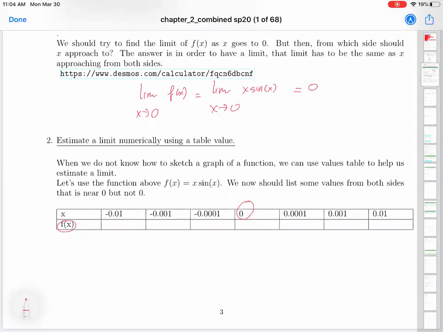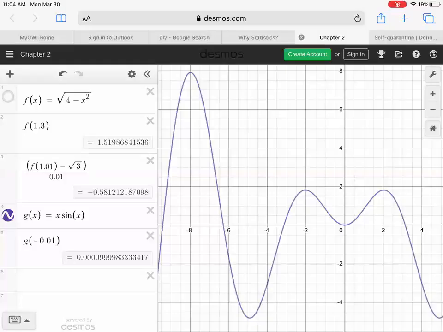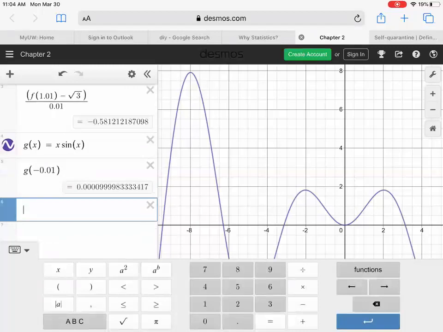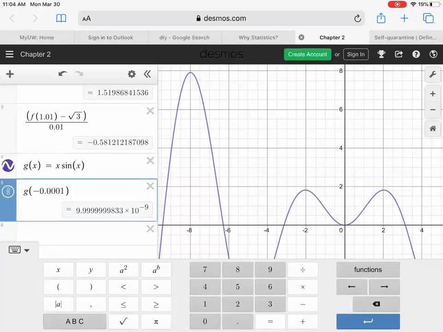when x goes to 0. So if x equals 0.001, I go to decimal and use this function here, and you get 9.99 times 10 to the negative 9, so it's very, very close to 0.